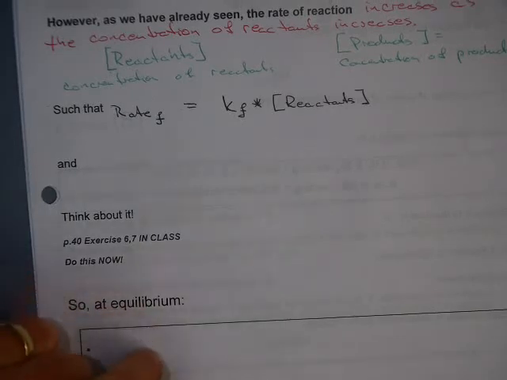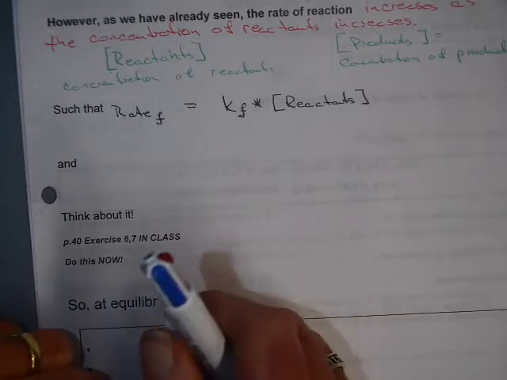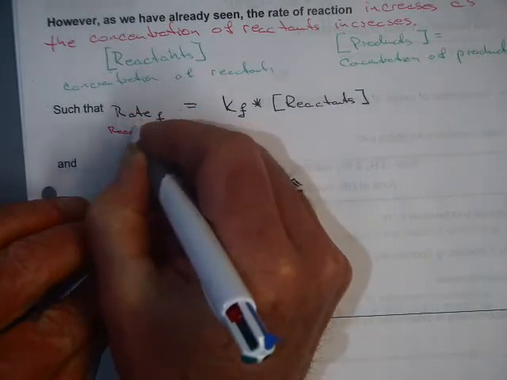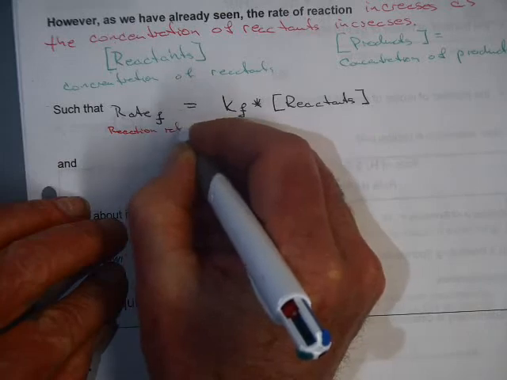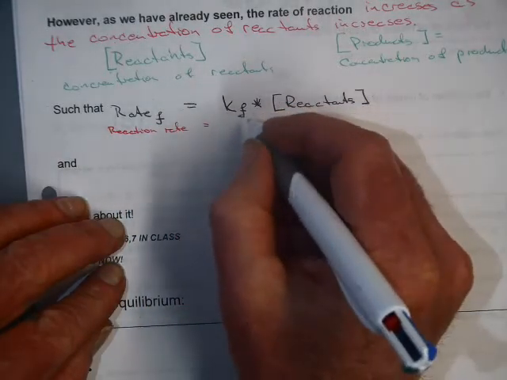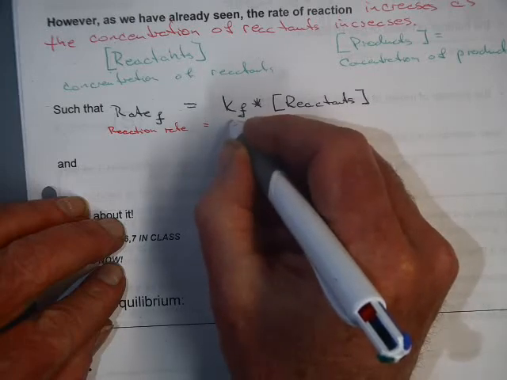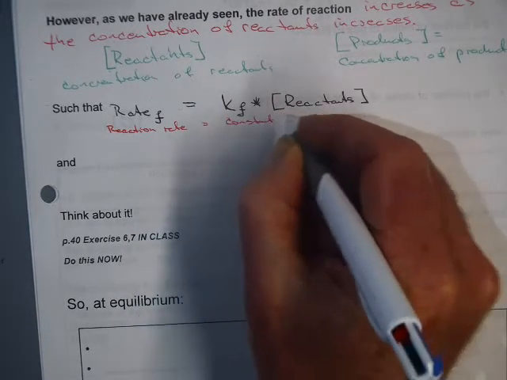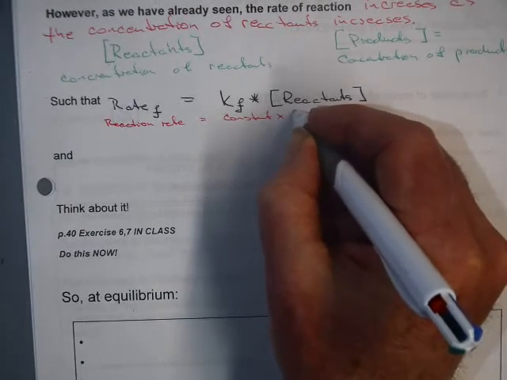Okay? So what this means is just that the reaction rate is equal to a constant times the concentration of the reactants.